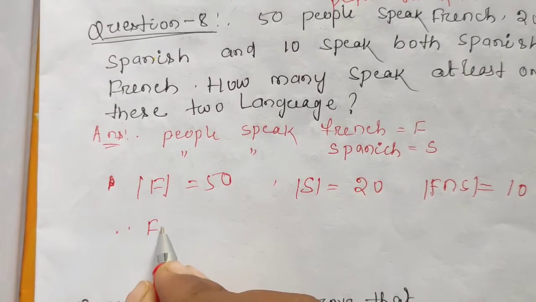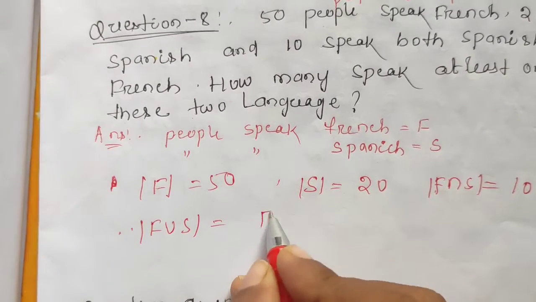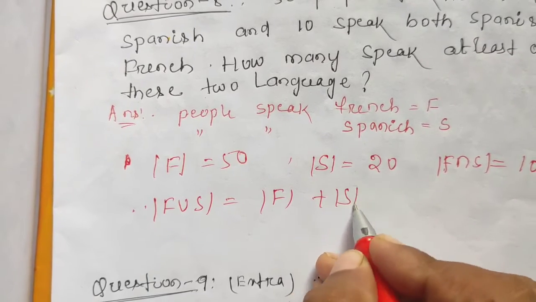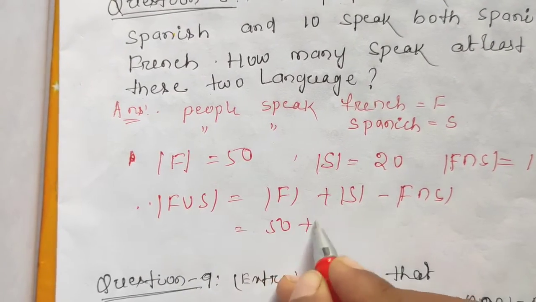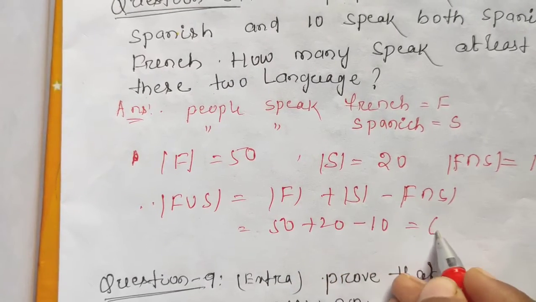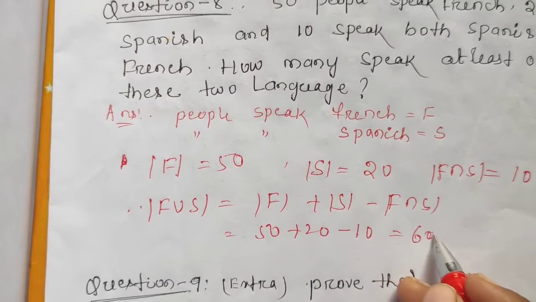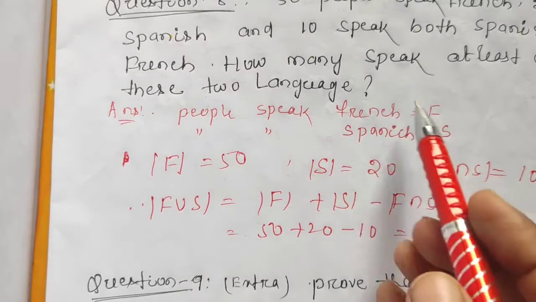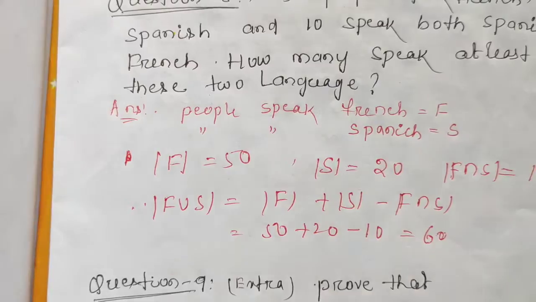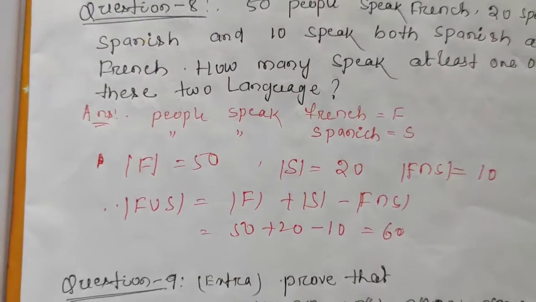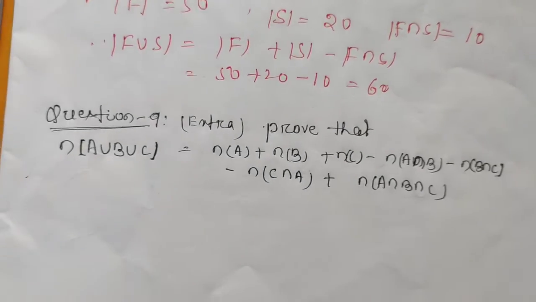Hence F union S mod is equal to F mod plus S mod minus F intersection S mod, which is 50 plus 20 minus 10, equal to 60. Hence 60 people speak at least one of these two languages. Next question.